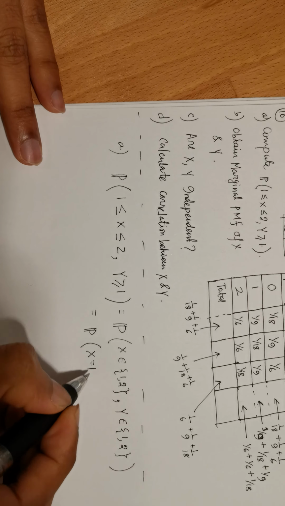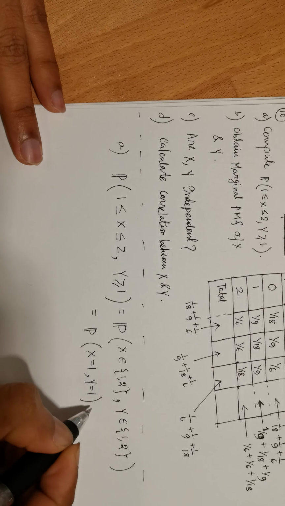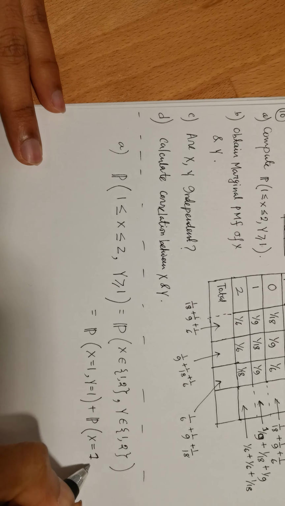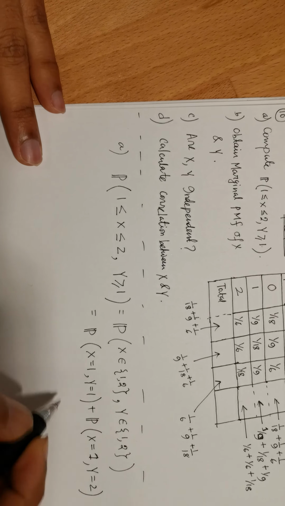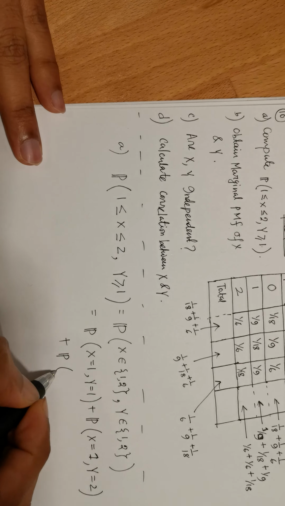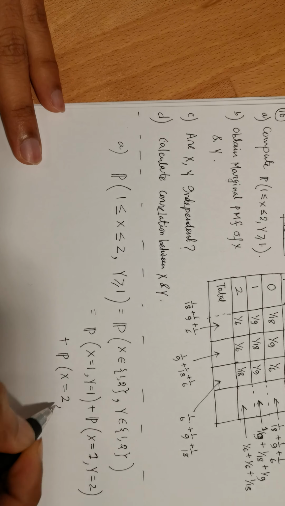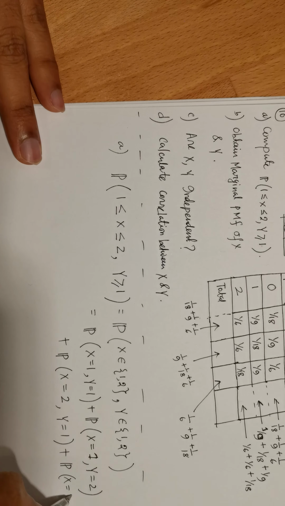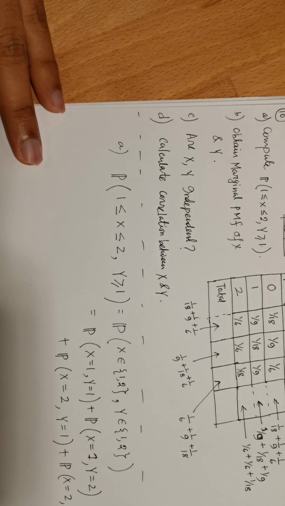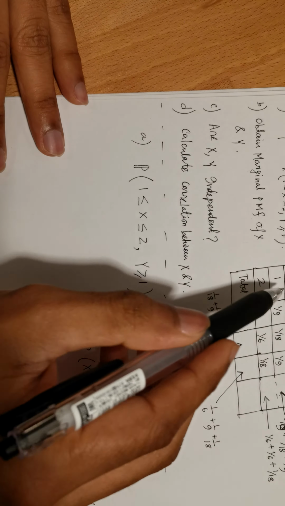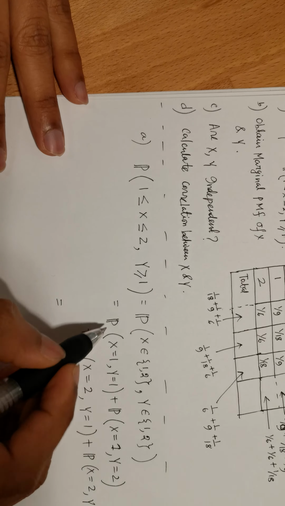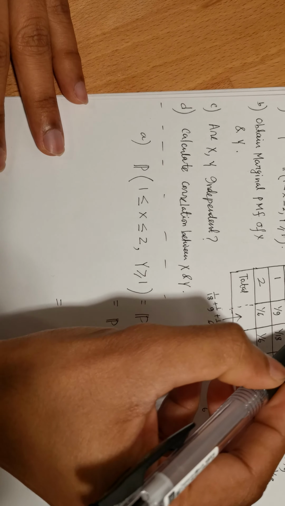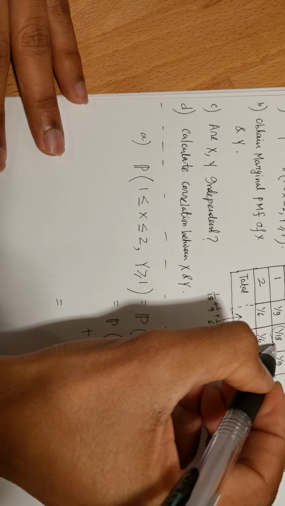In other words, this can happen this way: probability that x equal to 1 and y equal to 1, plus probability that x equal to 1, y equal to 2, plus probability x equal to 2, y equal to 1, plus probability x equal to 2, y equal to 2. So you watch this table and put the values. x equal to 1, y equal to 1 is 1 over 18.